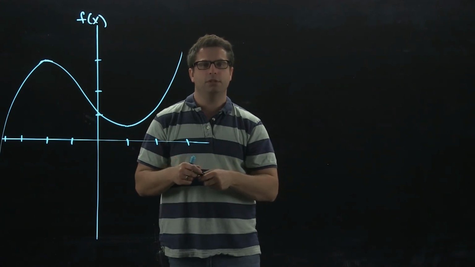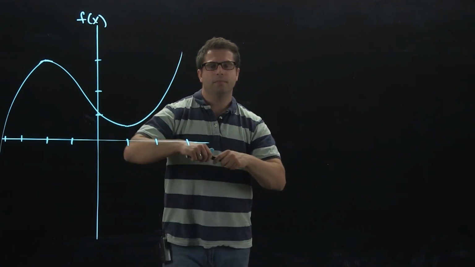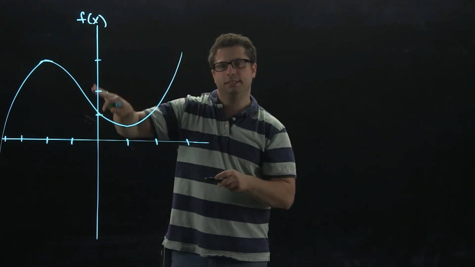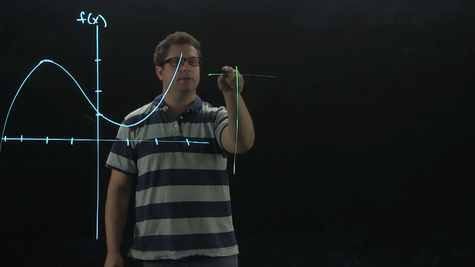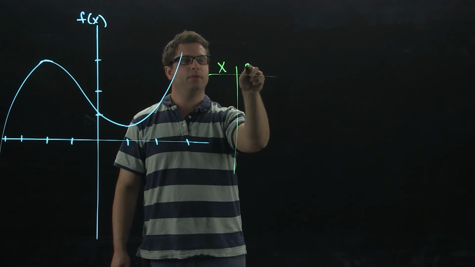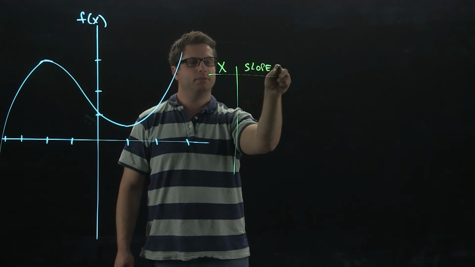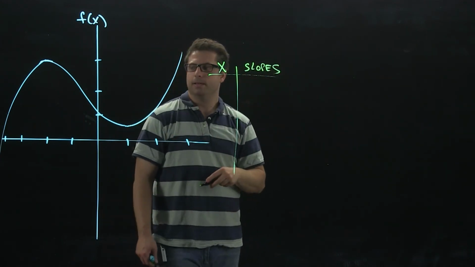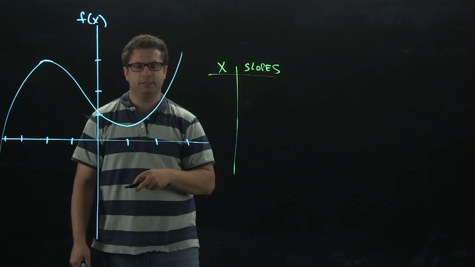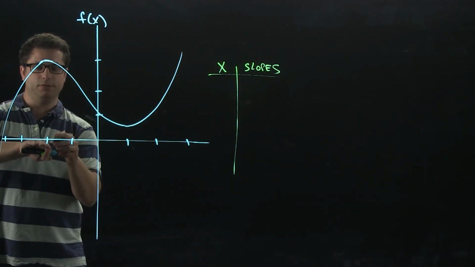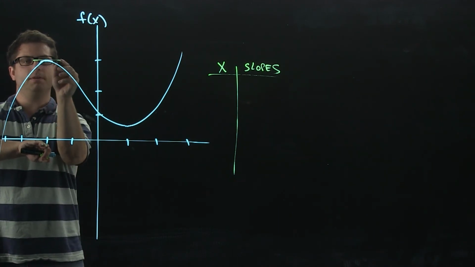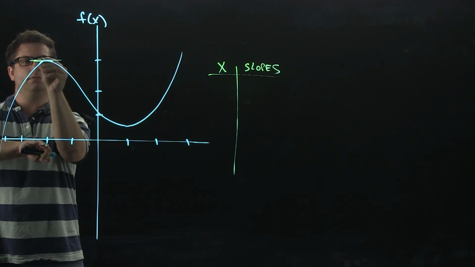So the first thing I want you to do is to write a t-table for f of x, but instead of a t-table where you have the y value, what I want are the slopes. Okay. So let's start with the easiest slopes I can find, which I have here at -2. The slope up here is 0.